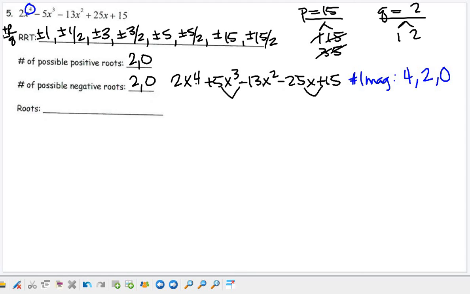So let's start with roots. I'm going to start with 3 this time. So we have 4, 3, 2, 1, 0. So 2, negative 5, negative 13, 25, and 15.